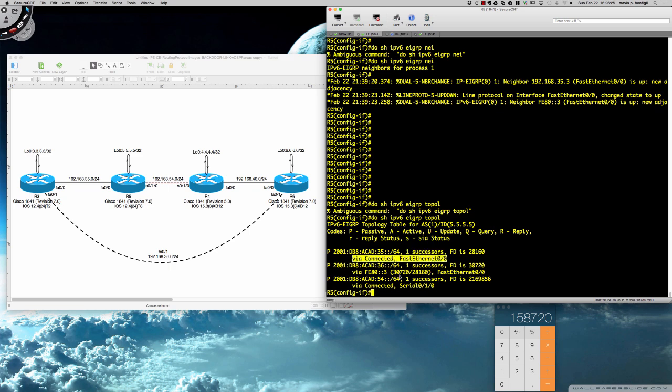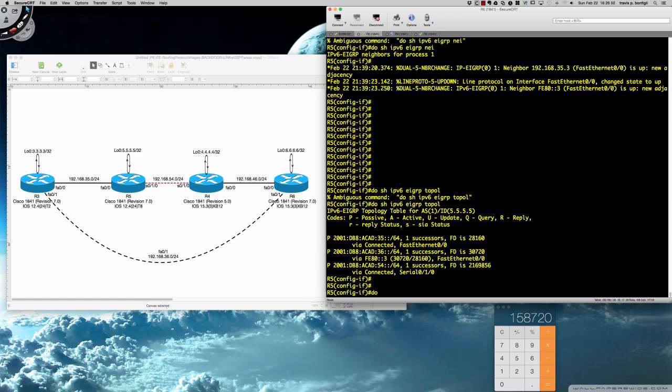And we see we've got the same values here, right? We have our feasible distance, we have our reported distances, and it tells you right here the feasible distance. So this number here, feasible distance 28,160, when you see it here, it's going to match, right? You'll see some additional information as we move on with the config.